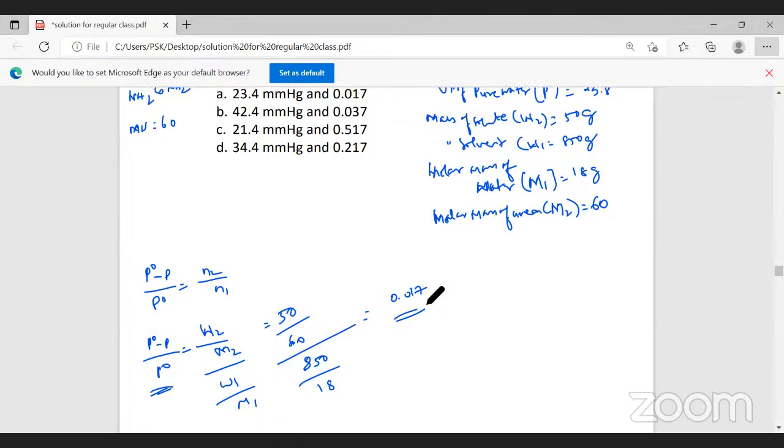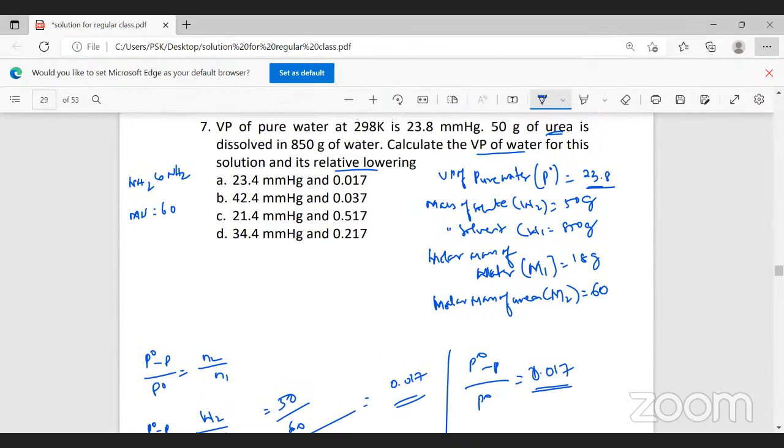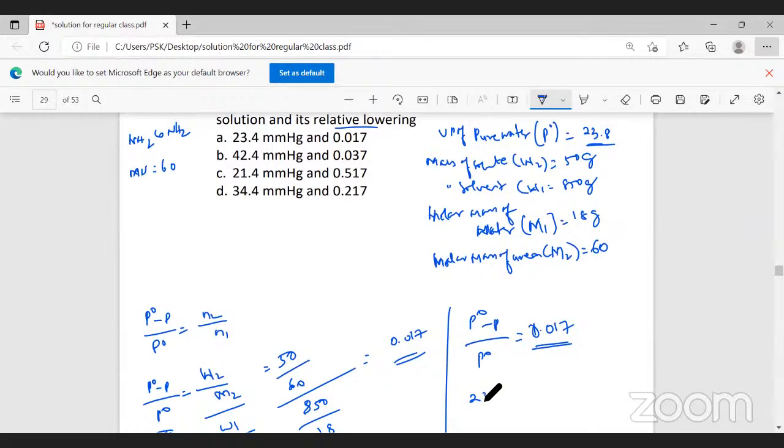Now the next part is to calculate the vapor pressure of the solution. Can I write P naught minus P divided by P naught is equal to 0.017? Just now we calculated this: the relative lowering of vapor pressure is 0.017. Since we want P, the vapor pressure of the solution, and P naught is given as 23.8, on substitution, 23.8 minus P divided by 23.8 is equal to 0.017.